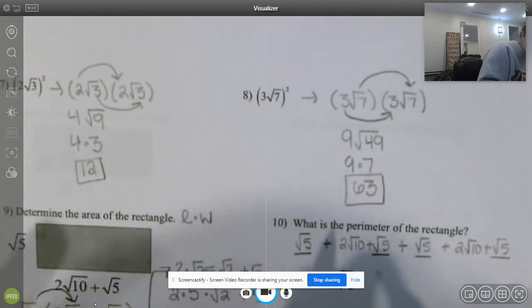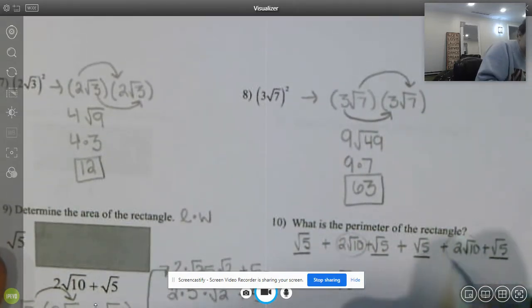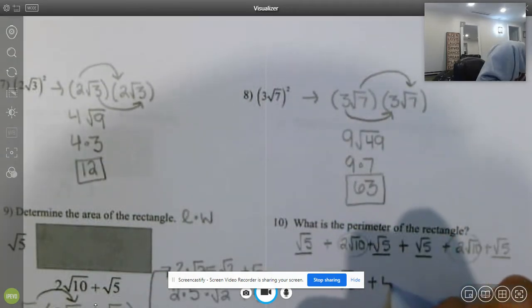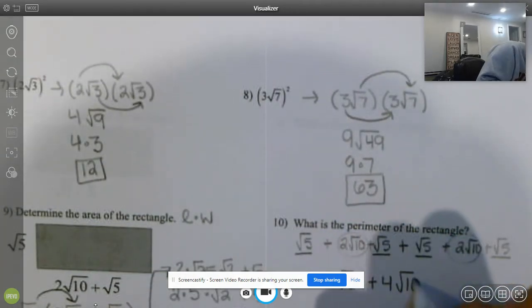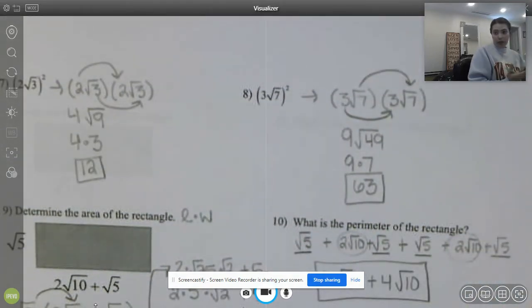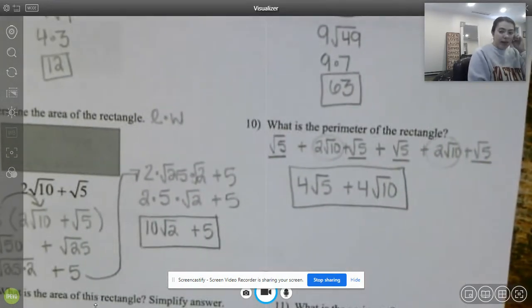And we have 2 root 10 and another 2 root 10. Because they're both square roots of 10, we can go ahead and add those coefficients that are out in front. 2 plus 2 is 4. So this turns into 4 root 10. And because they're both root 10s, we don't multiply them. We don't add them. We just leave it as 4 root 10. And this would be the perimeter of that rectangle.